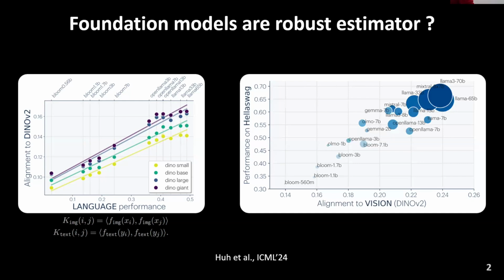Another insight that this paper provides is that when we look at models that align correctly with vision, these same NLP models, so models trained only on language, are also the same models that are able to perform well on the HellaSwag dataset, which I'll come back to a bit later.